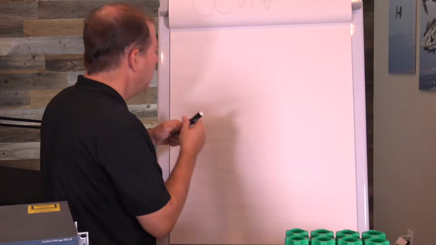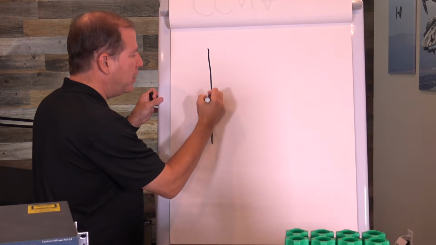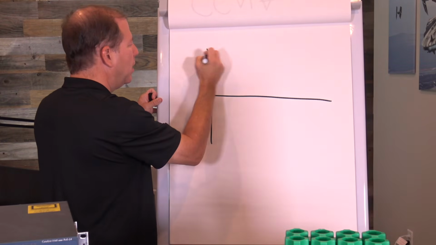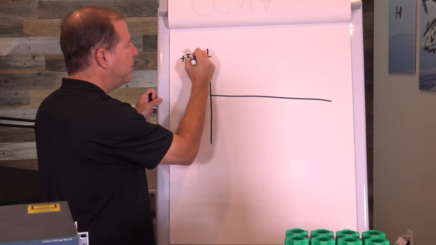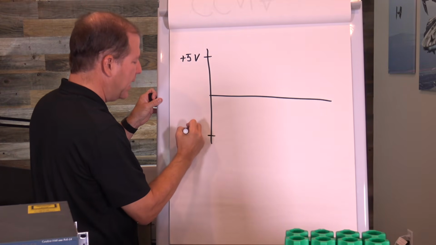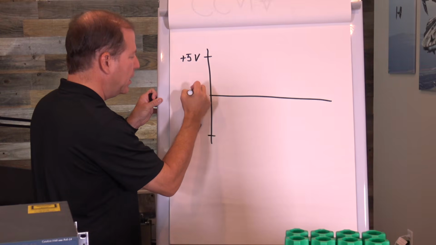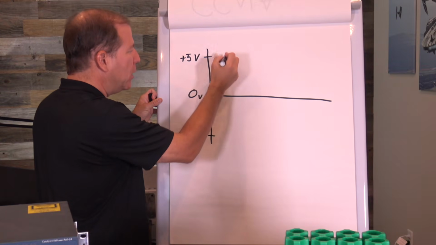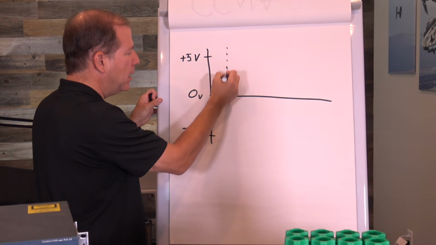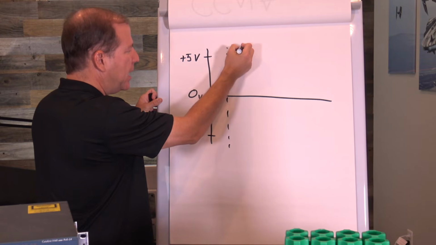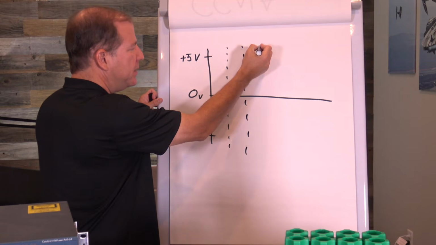Let's go to the whiteboard and take a look at this. Let's say that we have positive 5 volts, negative 5 volts, and 0 volts. And we're going to divide our time into these different time slots.